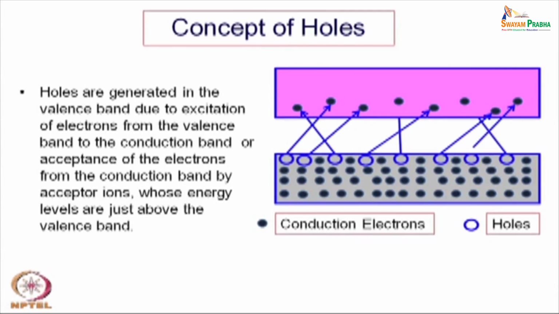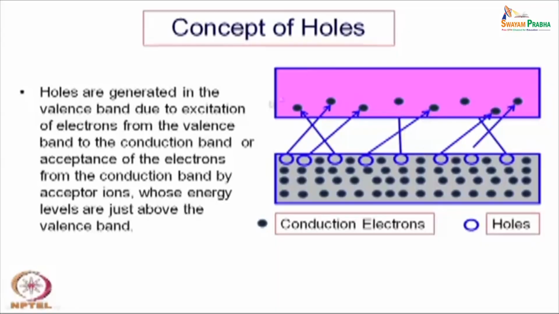If the electron moves in one direction, the holes automatically move in the reverse direction. So, either we can concentrate on the movement of the electrons, or it is better in this case to concentrate on the movement of the holes, because holes are normally less in number. So, you can concentrate on the movement of the holes rather than the movement of the electrons, particularly when the number of holes is much less compared to the available number of electrons.